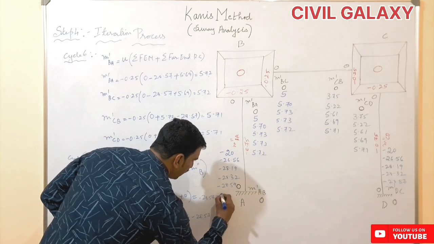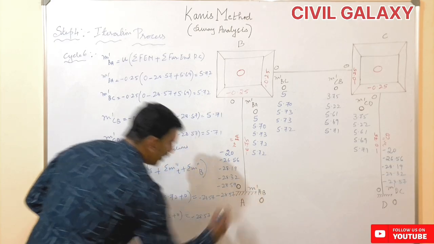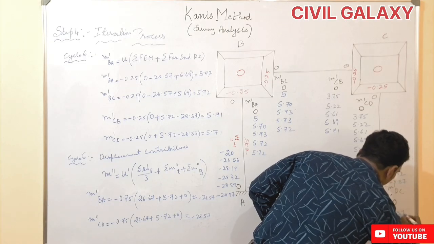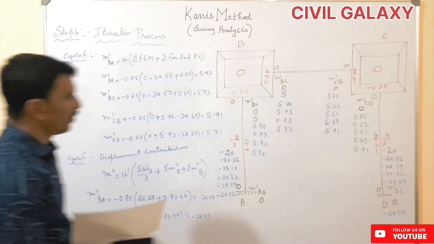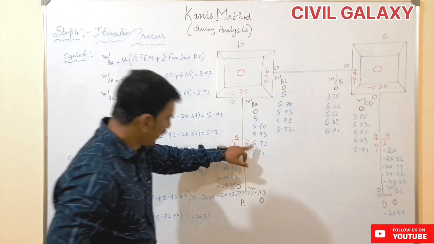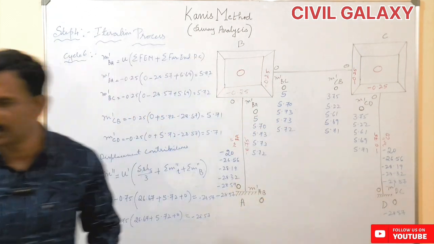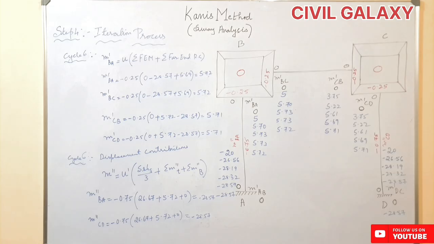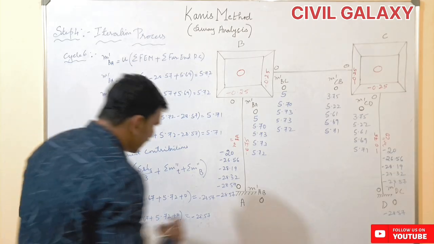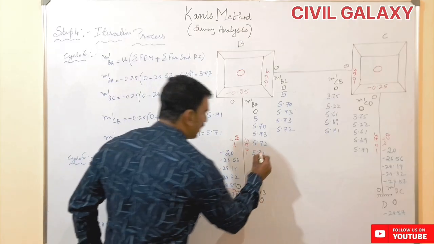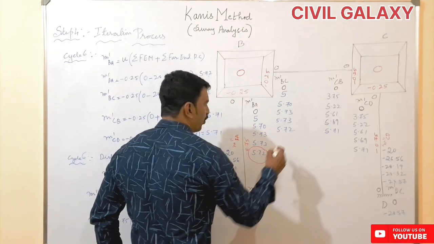So this value we will add over here. So here also it is minus 28.57. So see here, now the values are almost similar. So if we go for the next cycle, we are going to get the same values. So let me consider this value as the final value to calculate the final end moments.